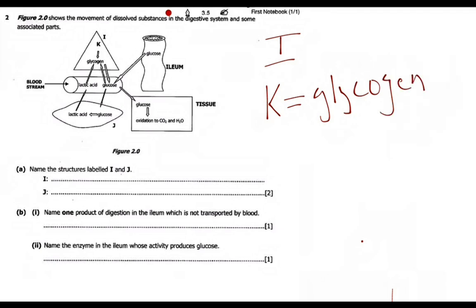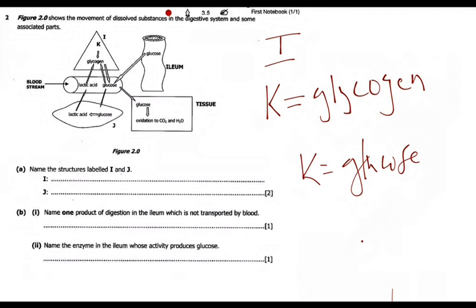So we know that only glucose can turn into glycogen, so K is basically just glucose. The process of turning glucose to glycogen needs to happen in the liver.